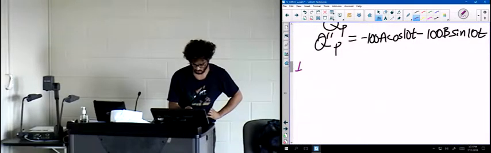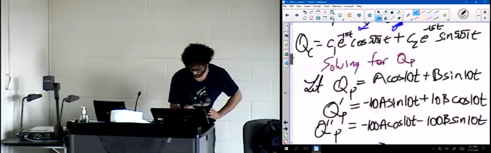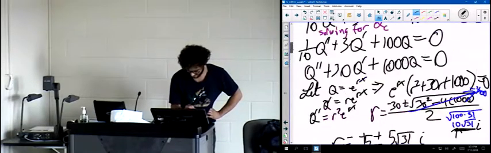So 1/10 of this: negative 100a cosine 10t minus 100b sine of 10t. It's going to get very cramped. I can already tell you.